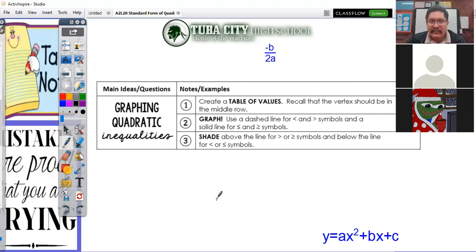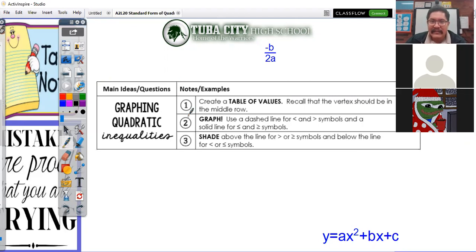So same thing, create a table of values, and the vertex should be in the middle row. That way we get a really good picture of what's going on. Graph using a dashed line if there is no "or equal to." So if you have a less than or equal to, the vertex should be, oh, sorry, I'm reading the wrong one. Use a solid line for the less than or equal to and greater than or equal to symbols.